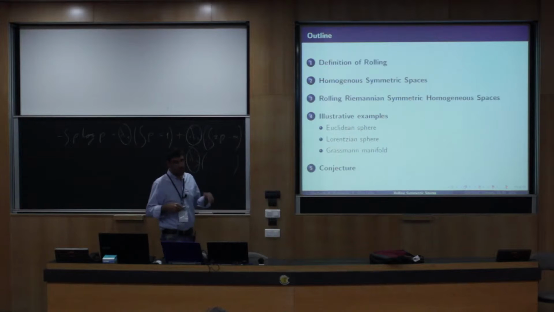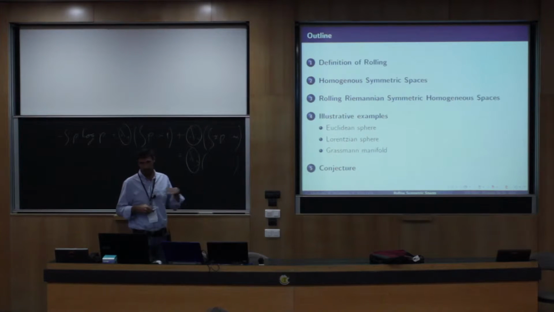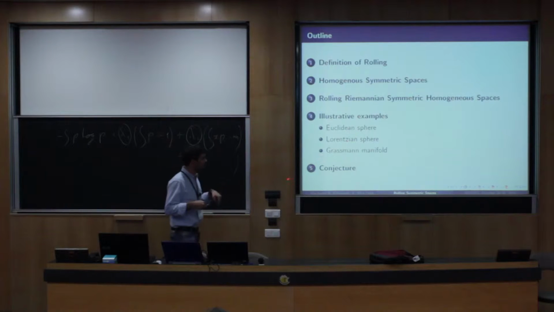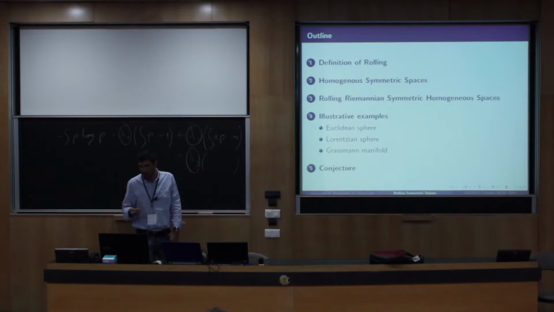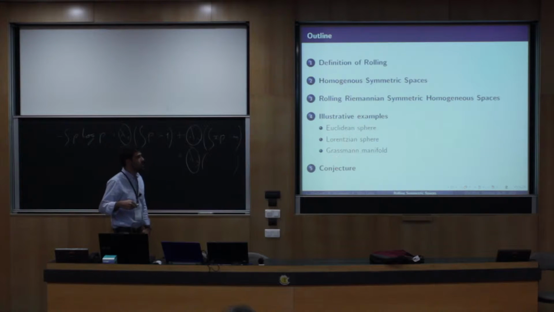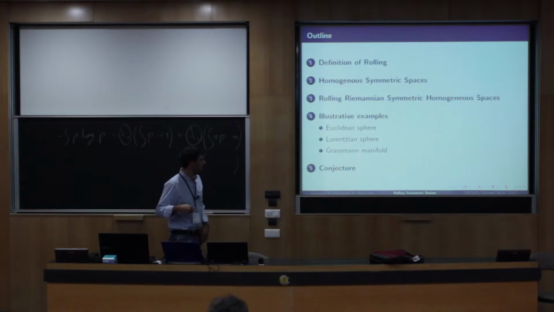I would like to note that we tested all the known examples, but in this talk I will restrict to the Euclidean sphere, which is the typical one, then the Lorentzian sphere, which is a pseudo-Riemannian manifold, and finally the Grassmann manifold, which is embedded in the vector space of symmetric matrices but, contrary to the previous two examples, does not have codimension equal to 1.